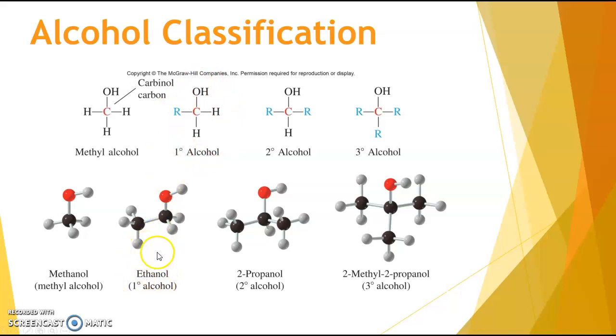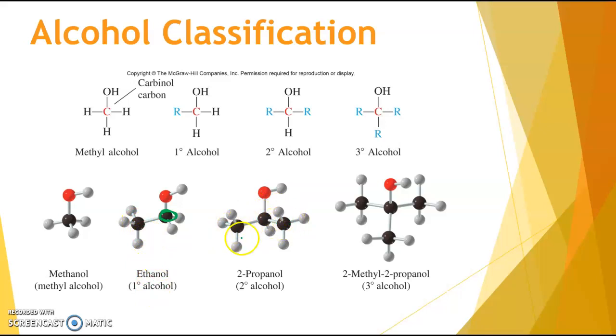We have ethanol here, so two carbons gives us the "eth," and then we have the hydroxyl group there, and that would make this the carbonyl carbon. Since the carbonyl carbon is attached to one carbon, it is a primary alcohol.